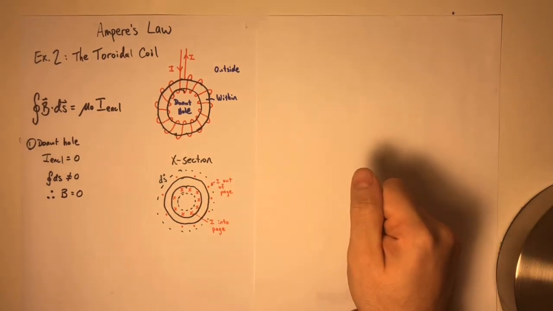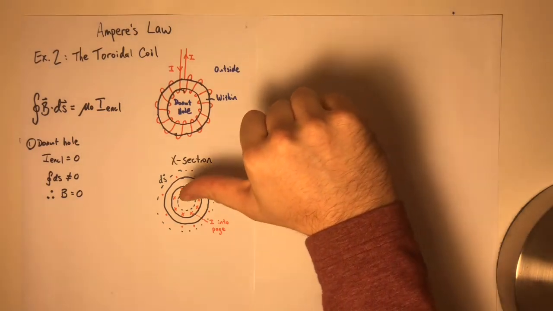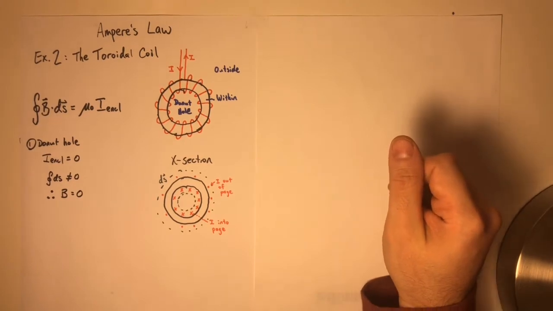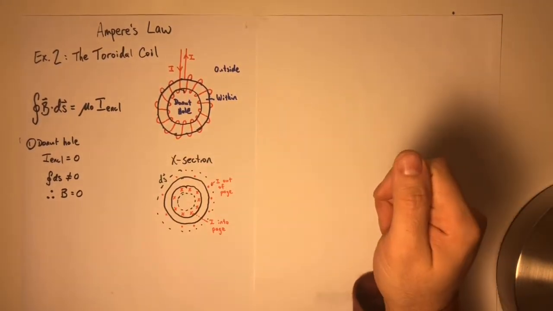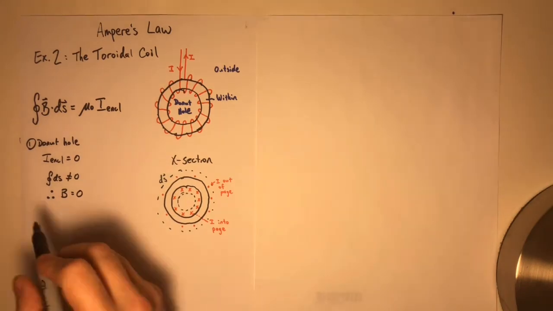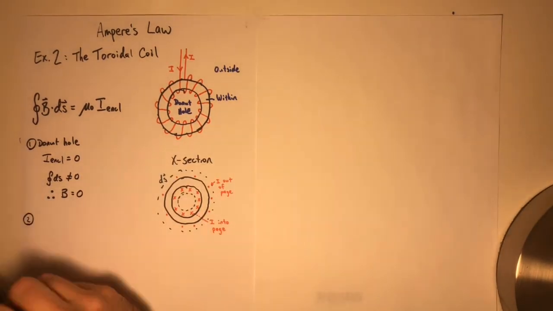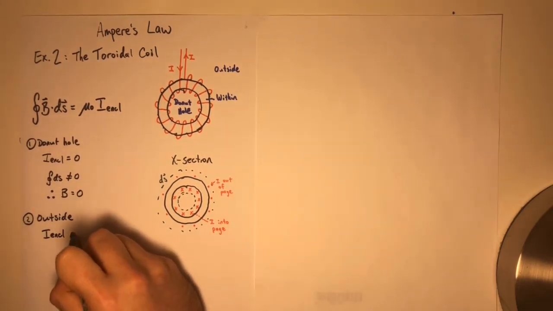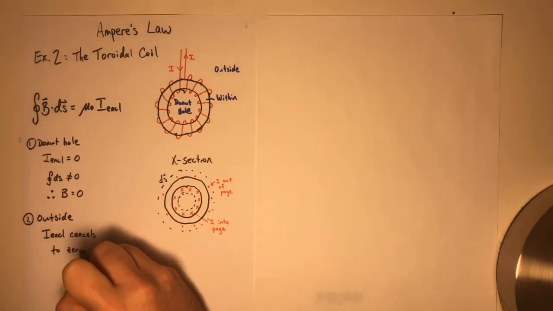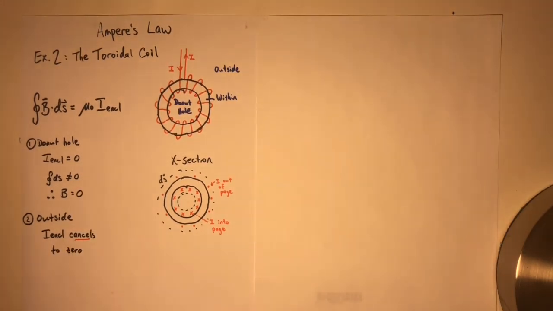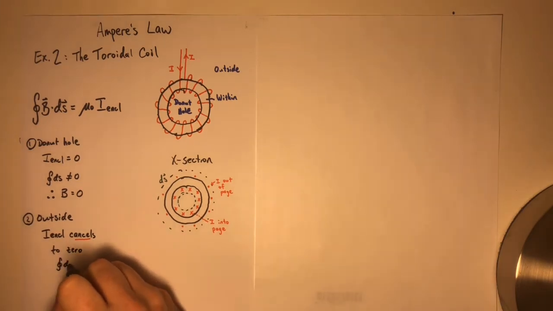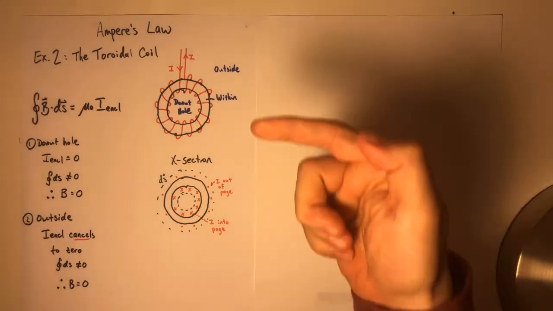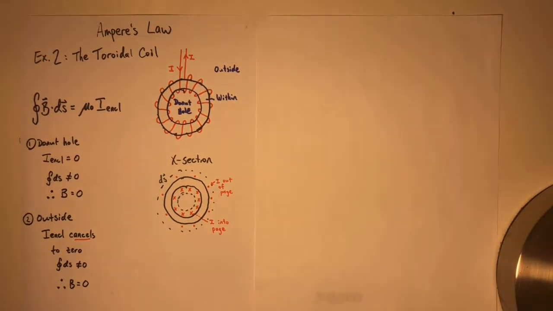And you can extend that argument to say that it carries just as many towards the inside of the rings as it does towards the outside of the rings. So this means that there is overall no enclosed current. And that gives us the solution for the region outside and the donut hole together.